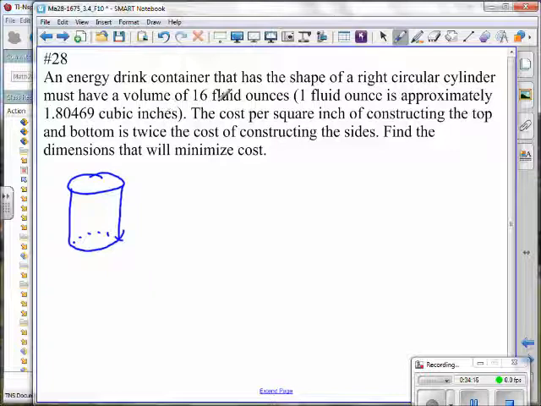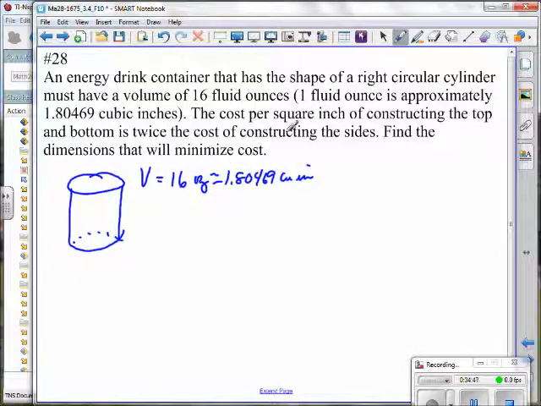It must have a volume of 16 fluid ounces. Okay? It has to have 16 fluid ounces. So the volume has to be 16 ounces. One fluid ounce is approximately this many cubic inches, so this is approximately 1.80469 cubic inches.